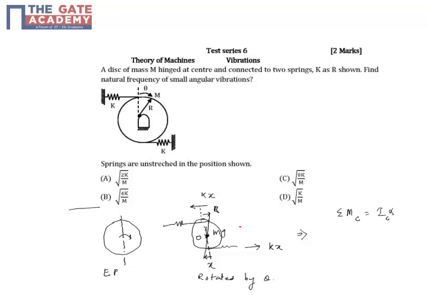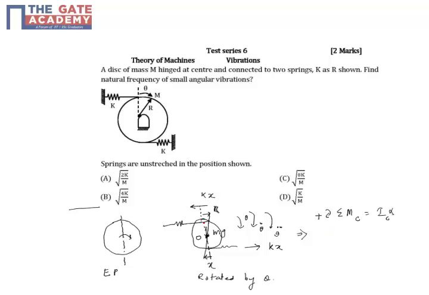So moment about C. We take positive moment because we have rotated angle theta in a clockwise direction, so we take clockwise moments as positive, because we assume that theta is like this, theta dot, which is omega, is also like this, and theta double dot, which is nothing but alpha, is also like this. So we take this clockwise direction as positive, and then we apply the moments.